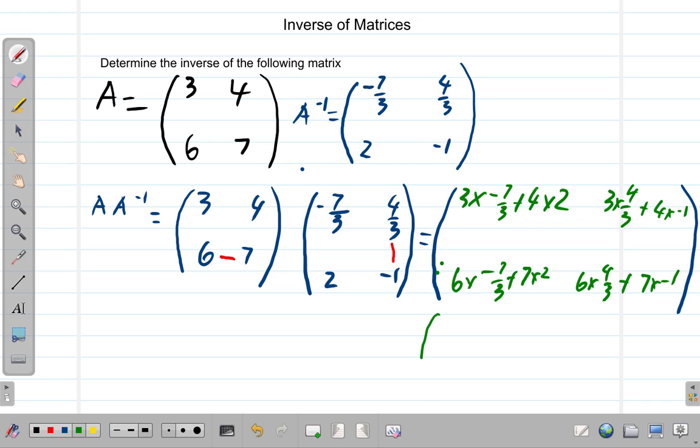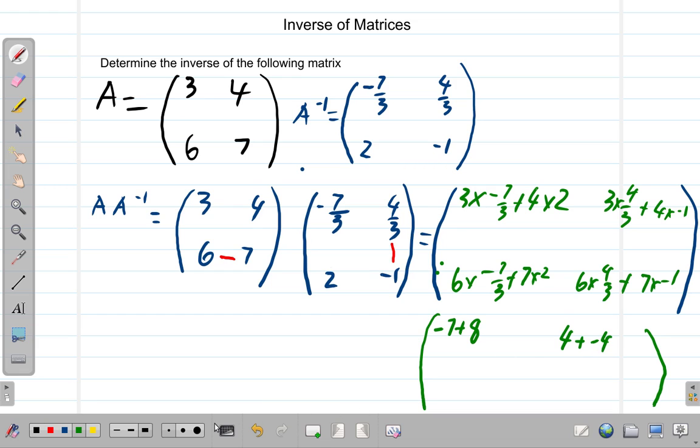So what will we have down here? The 3s will cancel, so that will leave you with -7 plus 4 2s are 8. Here, 3 times 4/3, the 3s will cancel, so it's 4 plus 4 by -1, which is plus -4.